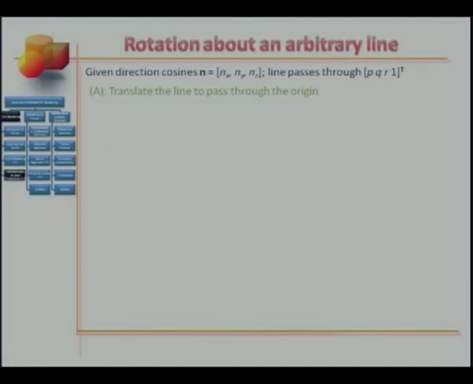If we are to rotate an object about this line, we'll have to follow some steps. The first of them is to translate the line such that it passes through the origin. And to do that, we have to apply this transformation. Notice the negative signs here.